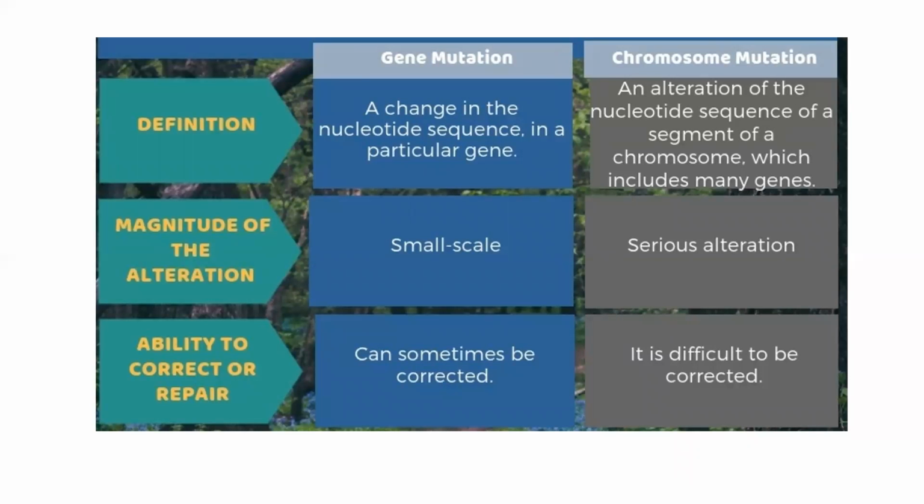Okay, so the magnitude of a gene mutation is very small. However, chromosomal mutations can be seriously altered. It's much simpler to correct gene mutations than chromosomal mutations. It is quite difficult to change chromosomal mutations.